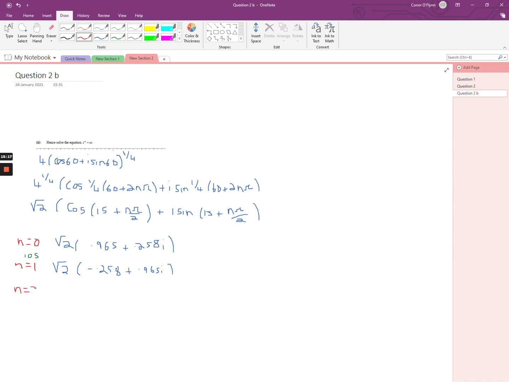So n equals 0, n equals 1, and n equals 2. Same thing again. If n is 2, that's 2 pi over 2, so the 2's will cancel, it'll be pi, 180 plus 15, so 195.